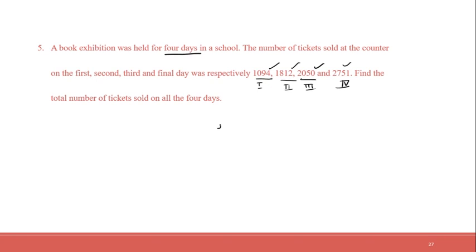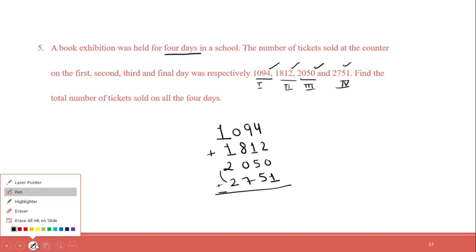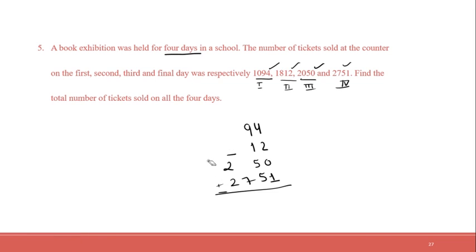So how will we proceed? 1094, 1812, 2050 and then 2751. We can add two numbers first and two numbers separately, and then we can add the totals. Let me do it that way, else it will be a bit confusing.